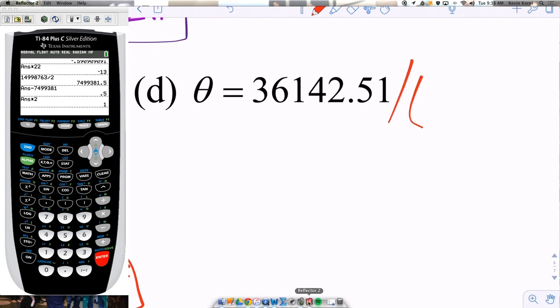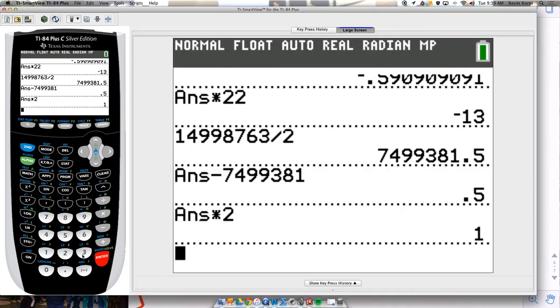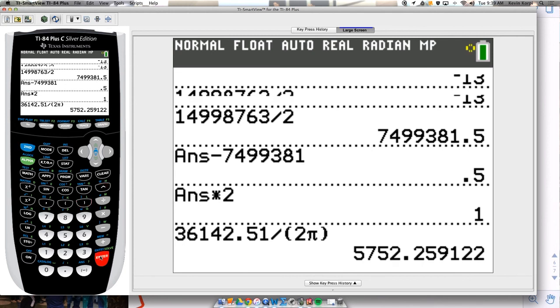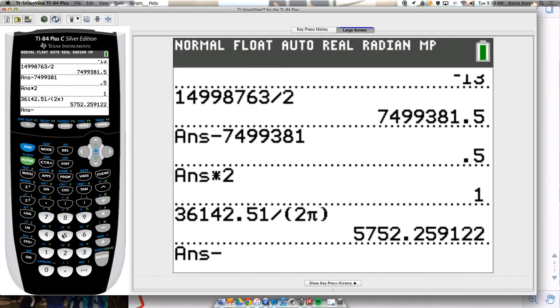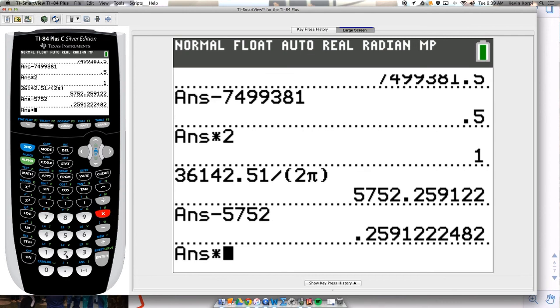You multiply by the quantity 2 pi. You have to take out the full rotation, which is kind of like dividing by 360. 3, 6, 1, 4, 2.51. Divide it by, and here you got to put parentheses if you don't use the horizontal division bar. That's a full rotation. Again, subtract out 5,752, the full rotations, and then remultiply it by 2 pi.